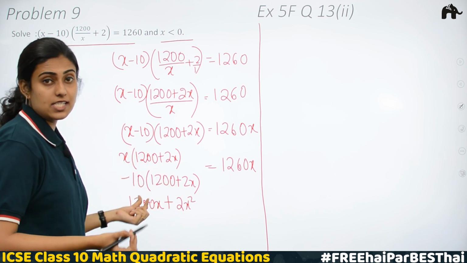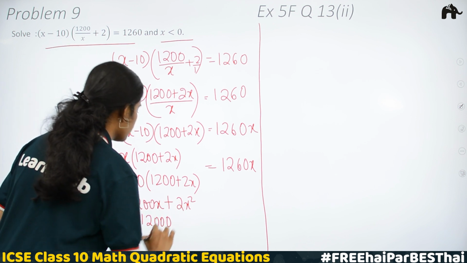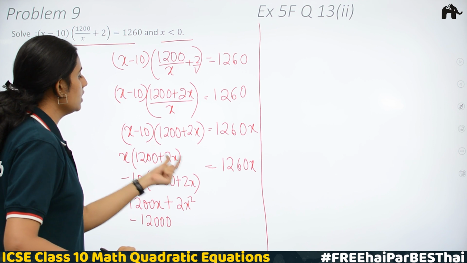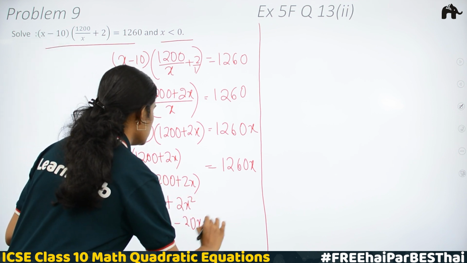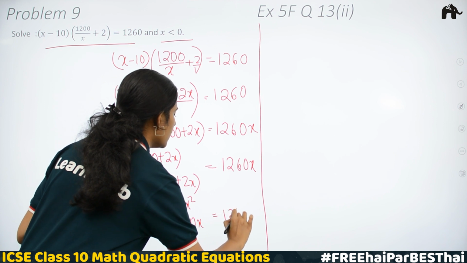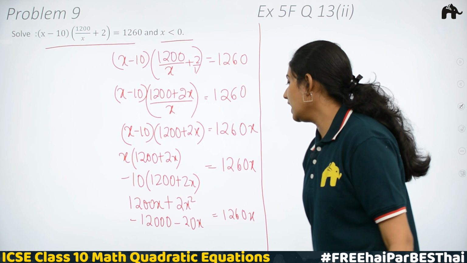We have a minus sign here, minus 12,000, minus 10 into 2x, that is minus 20x, is equal to 1260x.